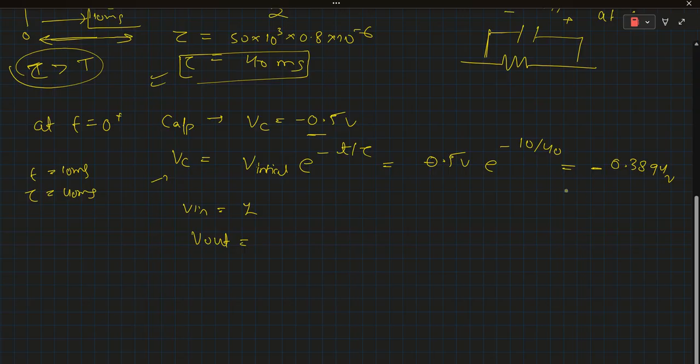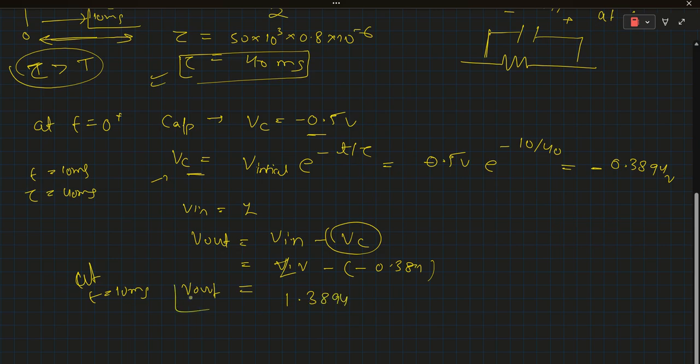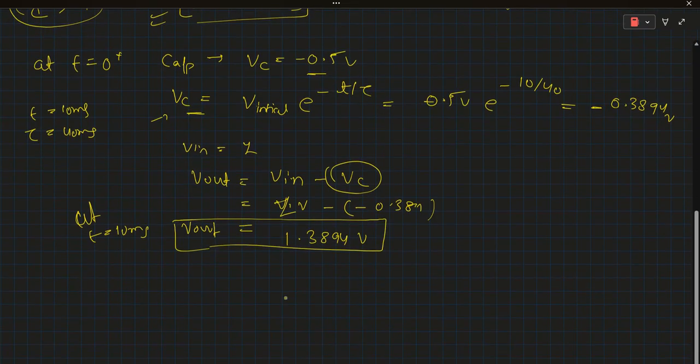V out will decrease as VC is decreasing, because V out is the difference V in minus VC. VC is negative, so V in is 1 volt minus minus 0.389. So the output voltage at t equals 10 millisecond is 1.3894 volt. Okay, this is our V out at that time.